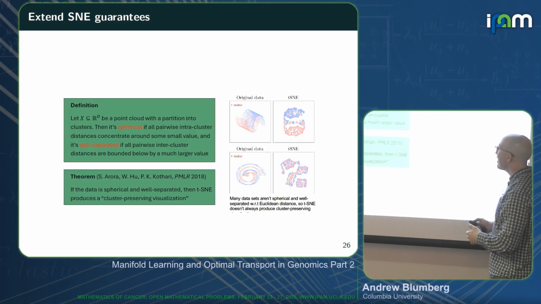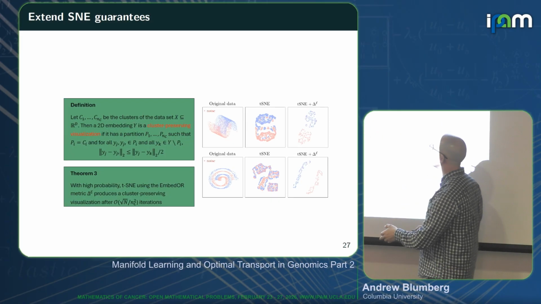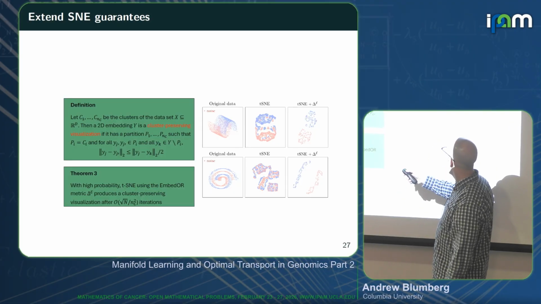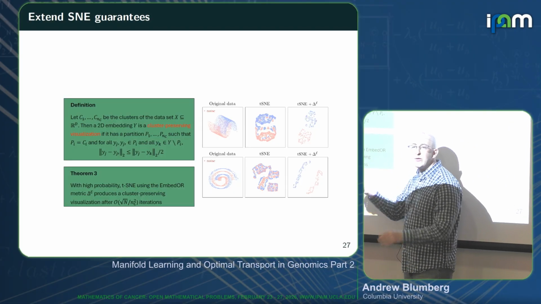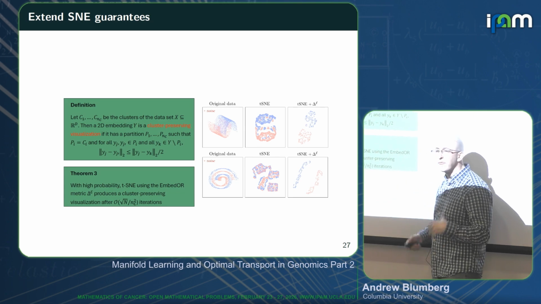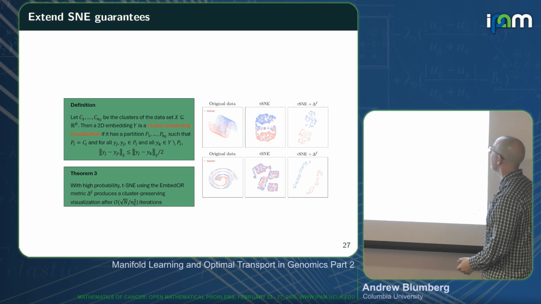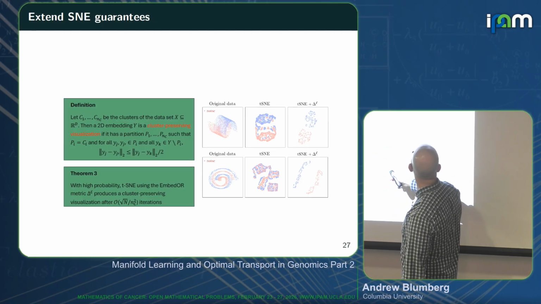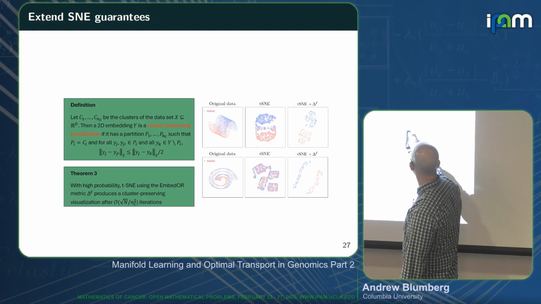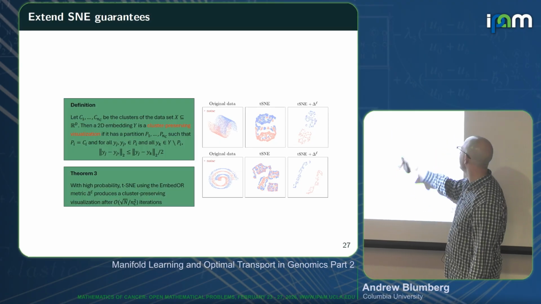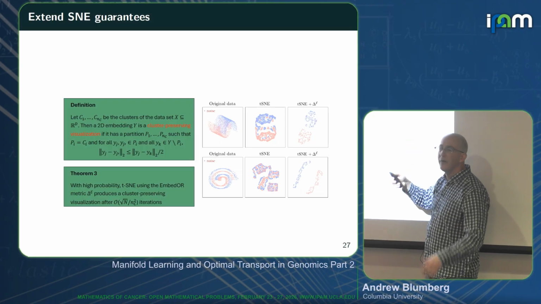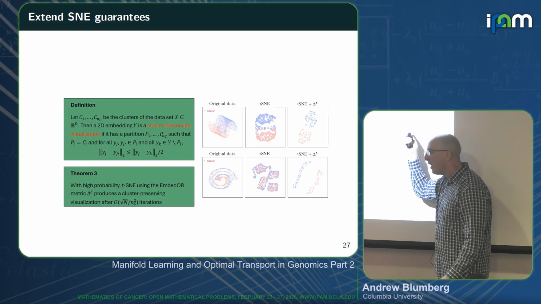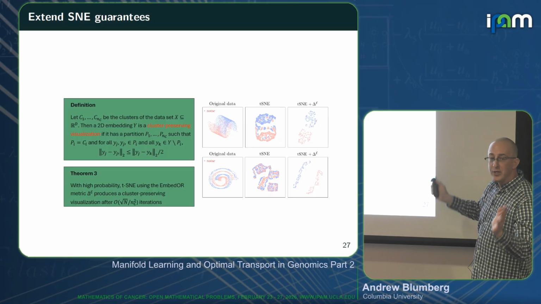And you can get a much wider range of applicability if you do this kind of Olivier-Ricci curvature-based distortion first. You can see that if we take the original data and we add noise, then if we just embed, we get these weird-looking things, and you get much more sensible pictures if you first do this kind of pruning or distortion and then do the embedding.